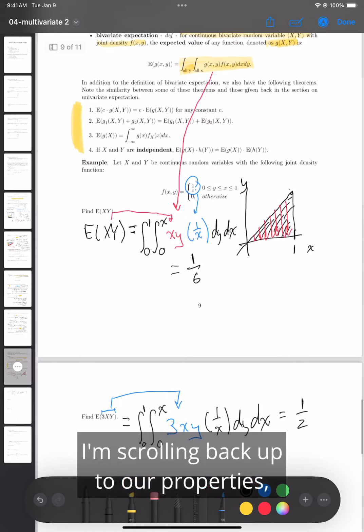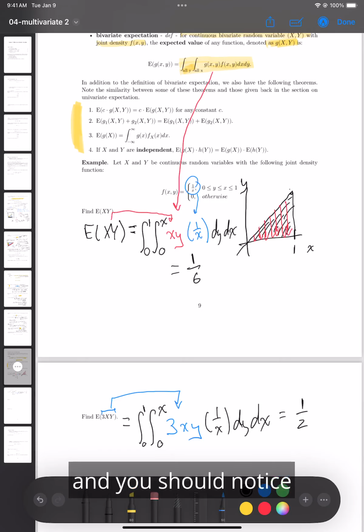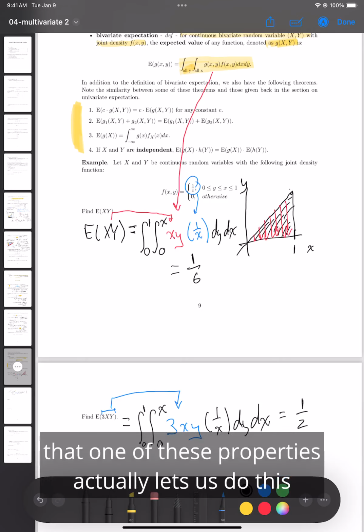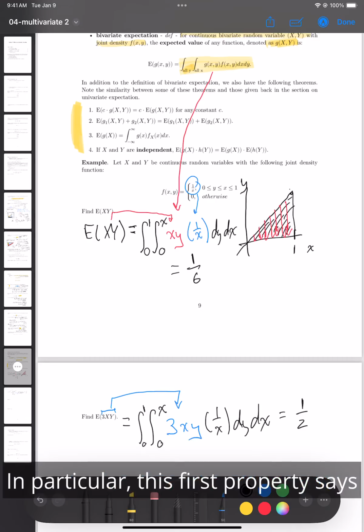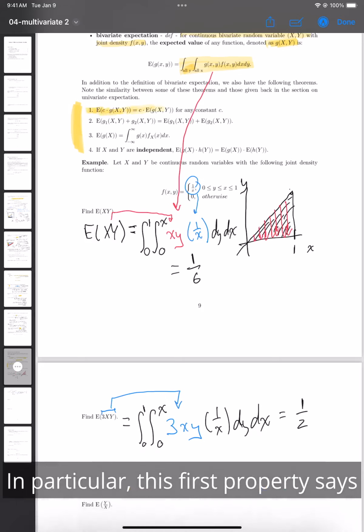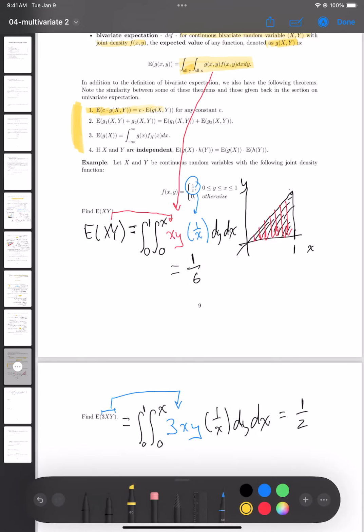I'm scrolling back up to our properties, and you should notice that one of these properties actually lets us do this with a shortcut. In particular, this first property says that if we have a constant, we can move that constant out of the expectation.